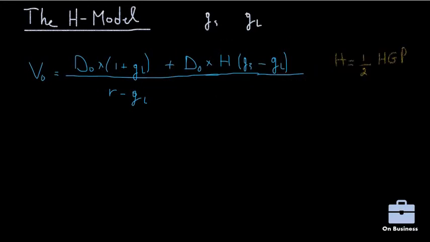And what we mean by H is that H is usually half the high growth period. So if my high growth period is 4, my H would be 2. And therefore I deduce that the higher my H is, the longer the high growth period, the bigger the value that I'm having.